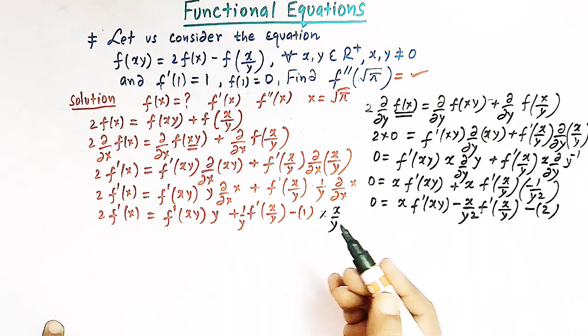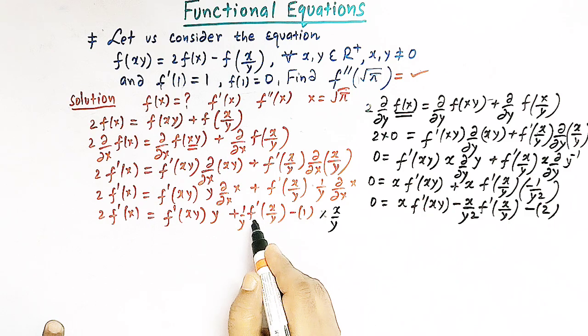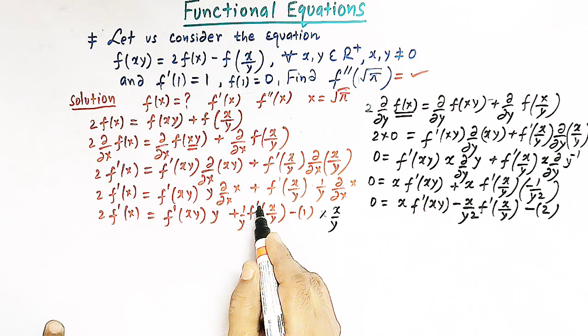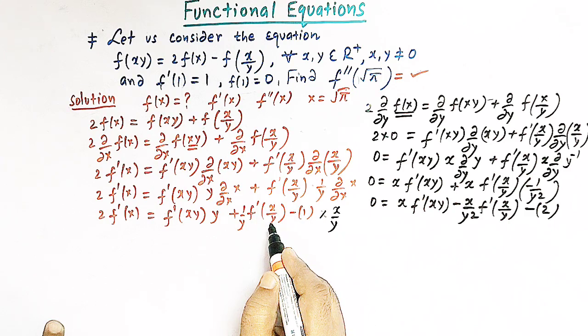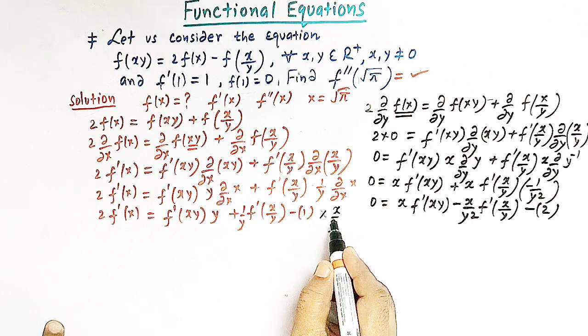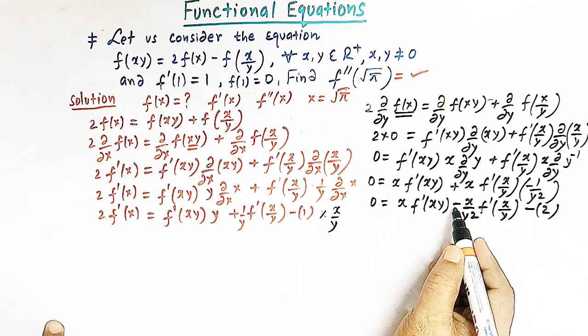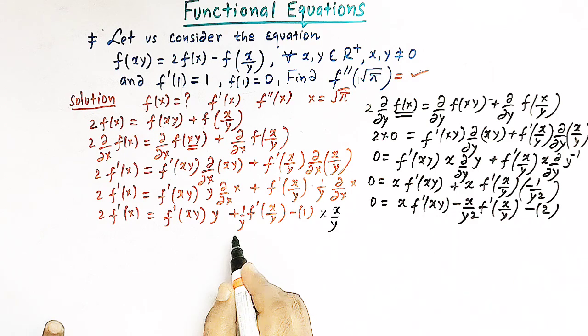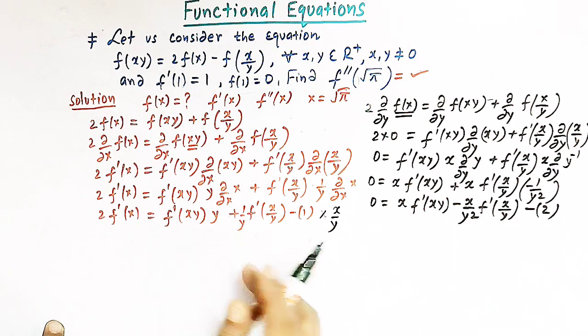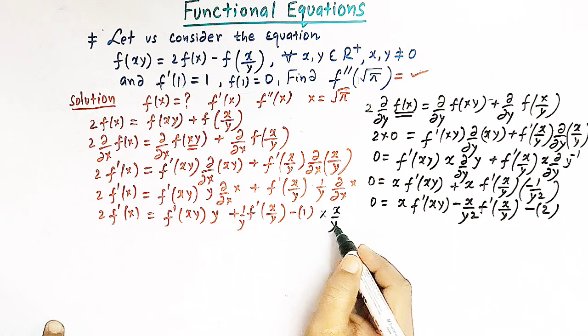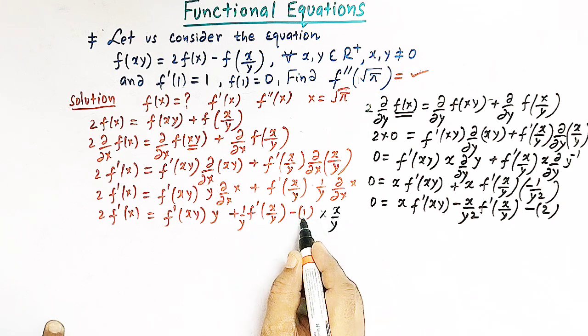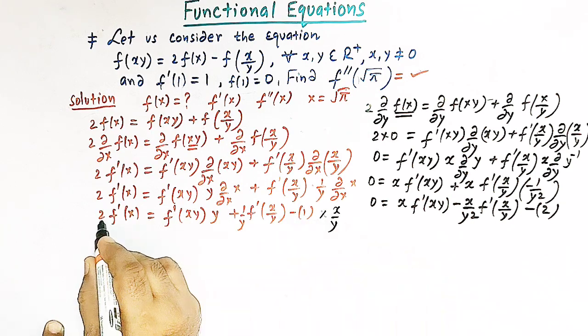So here our purpose is to equate the coefficients of f prime of x over y, right? And after multiplying equation 1 with x over y, we'll add this equation and the resulting equation which we get after multiplication.